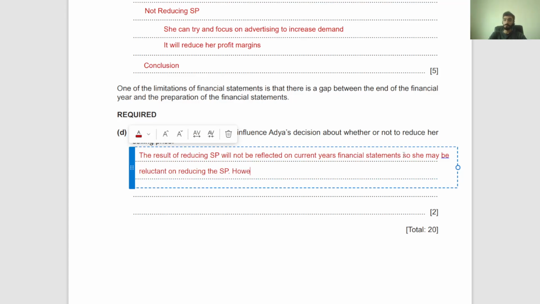However, it will still impact her performance in the next year end.